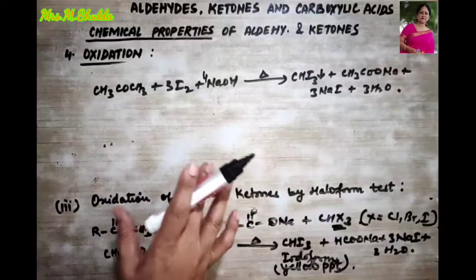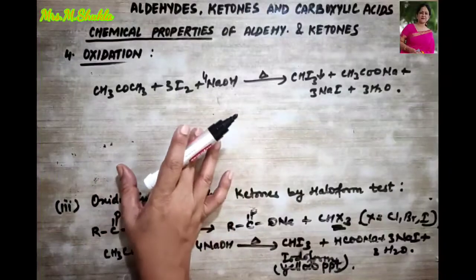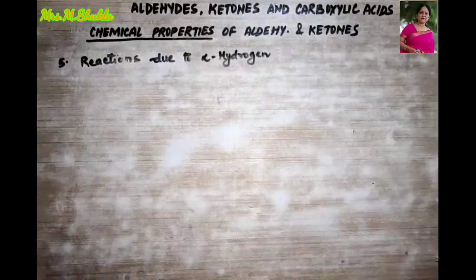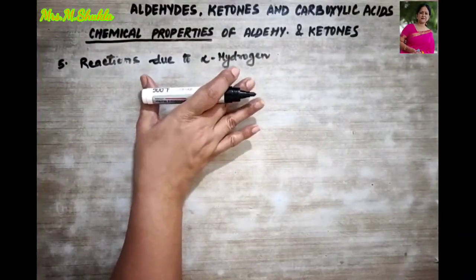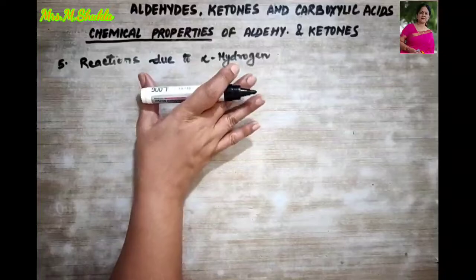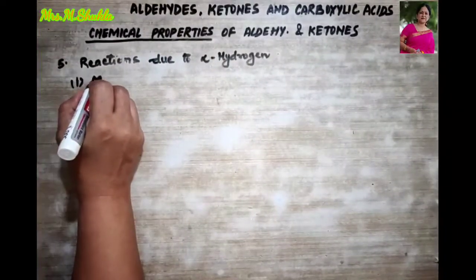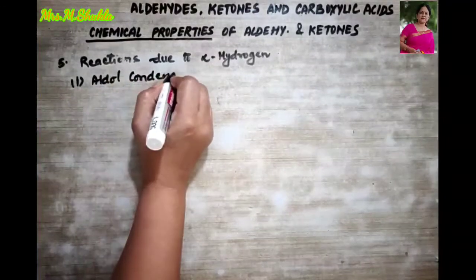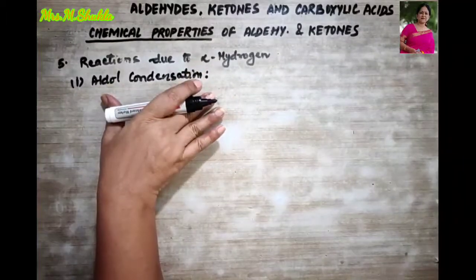Next we move to the reactions due to alpha hydrogen, or we can say base catalyzed reactions. So let us begin with the reactions due to alpha hydrogen. These are base catalyzed reactions. Over here we are going to study aldol condensation. Now what is aldol condensation?